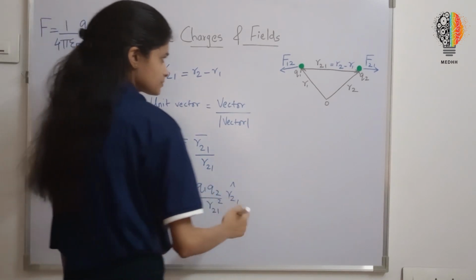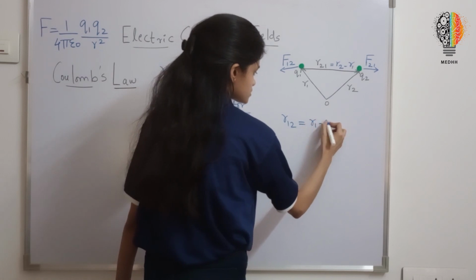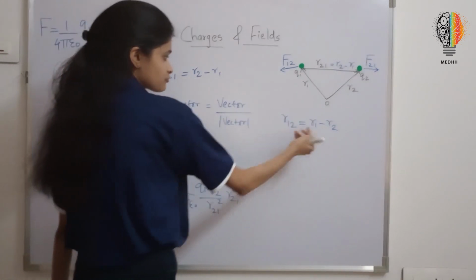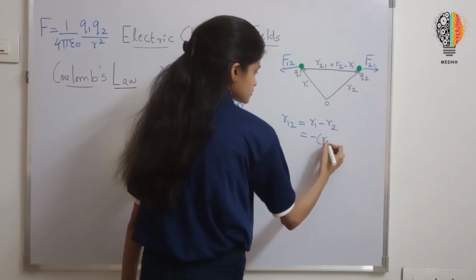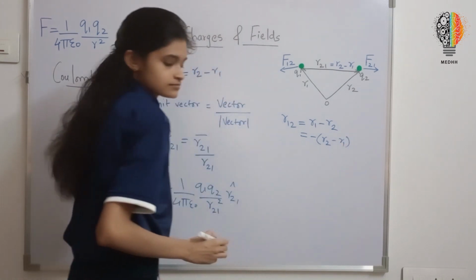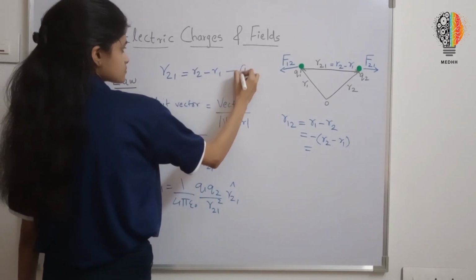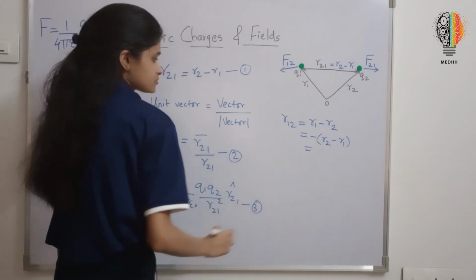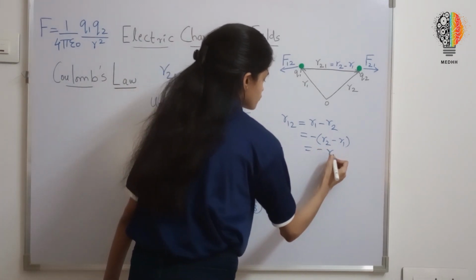So R12 is R1 minus R2. Can we write this in the form of this? Yes, we can. If you just take the negative sign common, it will be R2 minus R1, correct? This is equation 1. So from equation 1 we know that R2 minus R1 is minus of R21.